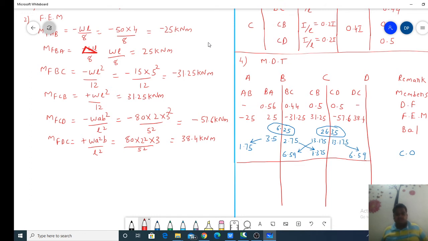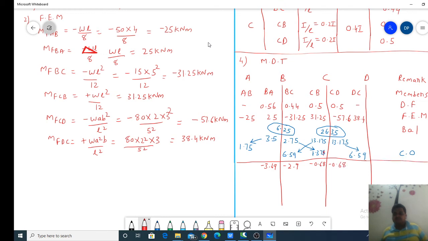Multiplied with 0.56, you get minus 3.69, and with 0.44 you get minus 2.9. Similarly for 1.375, I am considering 1.37, and multiplying with 0.5 after changing the sign gives 0.68, and here also it is 0.68.